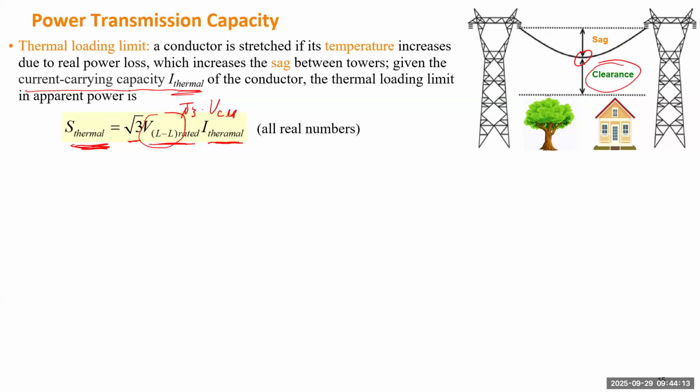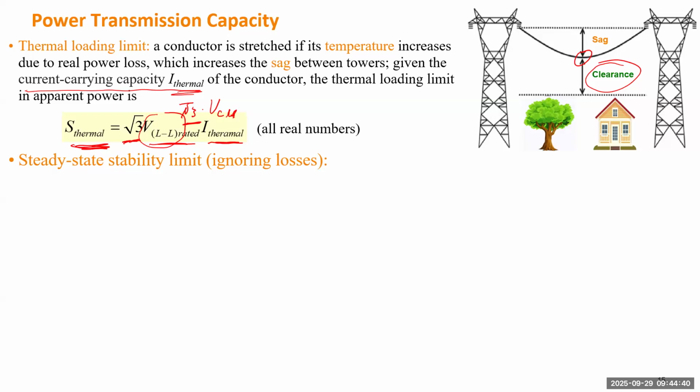And so the root of 3 and this root of 3 together, multiplication will be 3. So that will be 3 times the apparent power of each phase. So in this formula, all variables, all values are real. They're not complex numbers. That will be the highest limit we define for each line.